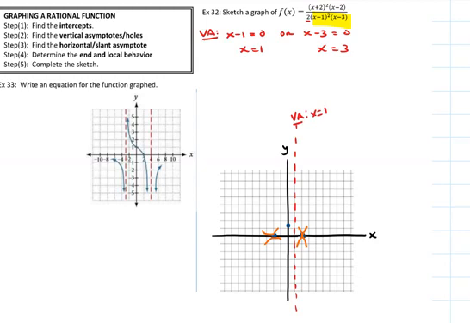That is located really close by. So x equals 3 is okay over here. We might have to expand our graph a little bit for that. So x equals 3.